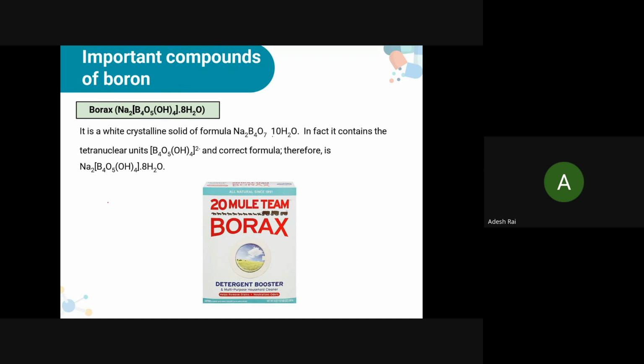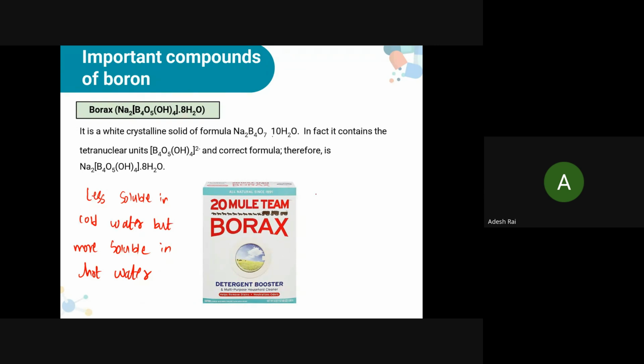It is less soluble in cold water, but more soluble in hot water. Less soluble in cold water, but more soluble in hot water.